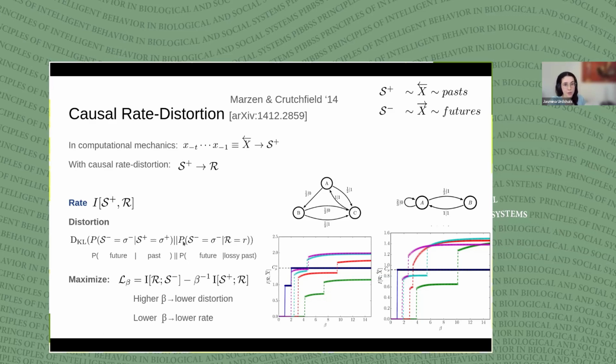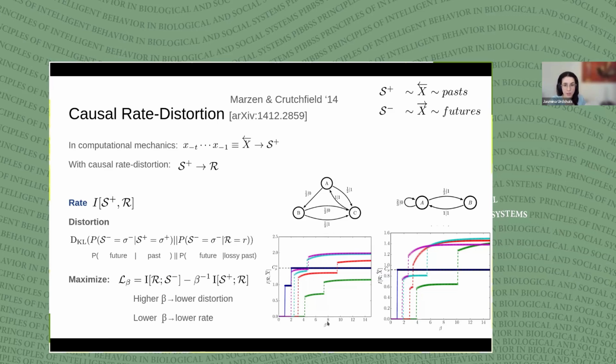And we take the KL divergence with respect to, as we did before, the probability distribution where we condition on the lossy representation of the causal states that group together pasts to predict the causal states that predict the future. We plug that into our objective function to find the probabilistic mapping between the relevant variables, and that is how we come up with these plots, which I showed in the very first slide.